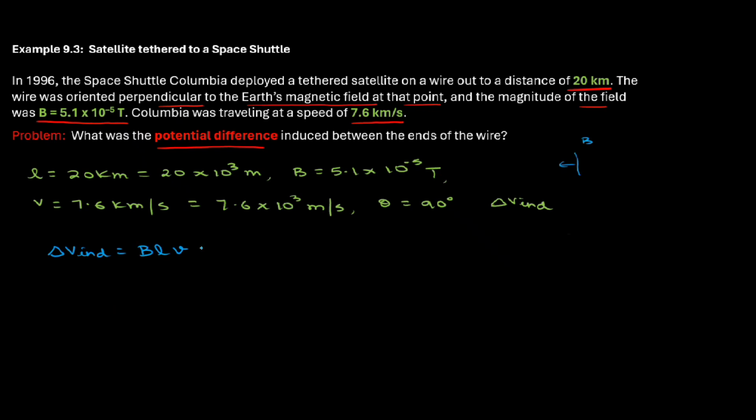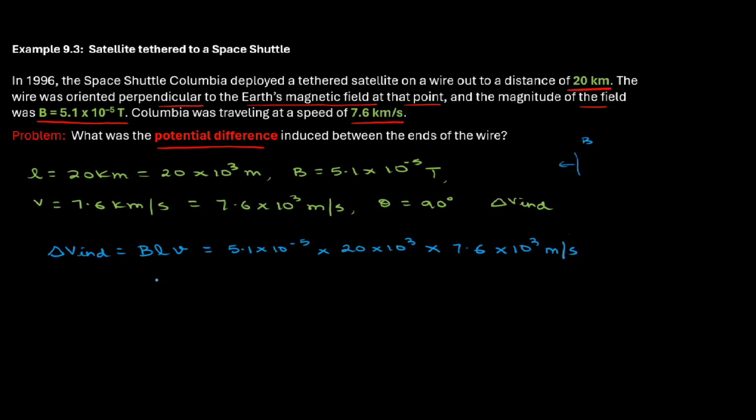So let's substitute the value. Magnetic field B is 5.1 times 10 to the power negative 5. The length of the wire is 20 times 10 to the power 3. And the speed V is 7.6 times 10 to the power 3 meter per second.